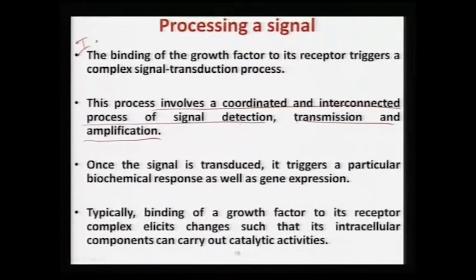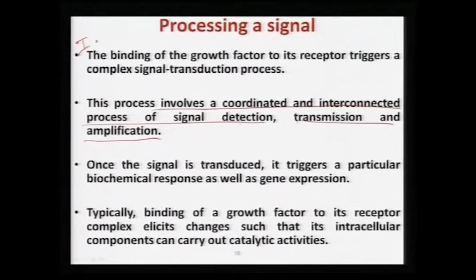It is just like your mobile: if you are in a far off place, it cannot detect a signal, and therefore you cannot communicate with another person. So, simply you can understand that a cell is trying to send signals to another cell, but the target cell is not able to detect those signals. Transmission means how the signal is internalized in the cell.